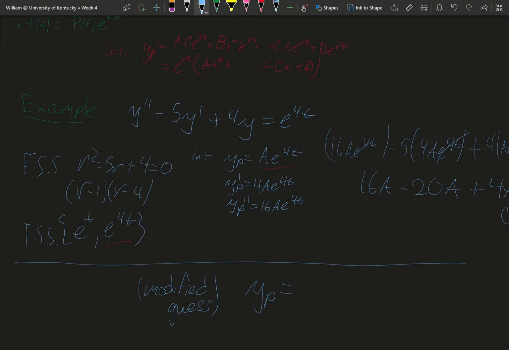So in this case, if I multiply by t, I can see now that t e to the 4t is not part of my fundamental set of solutions, and so I am good. I can go ahead and proceed.